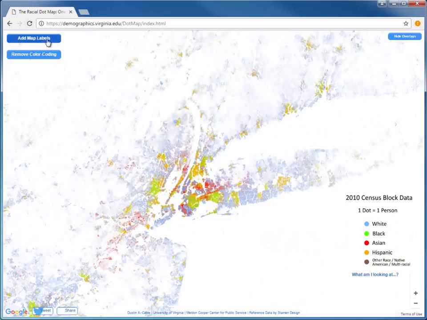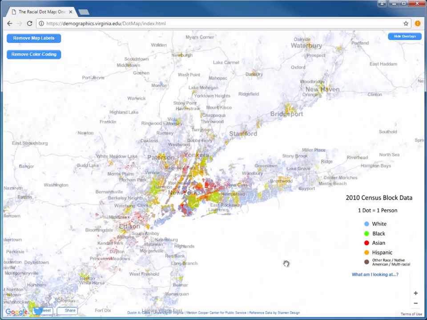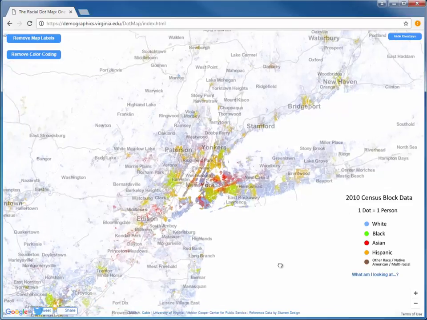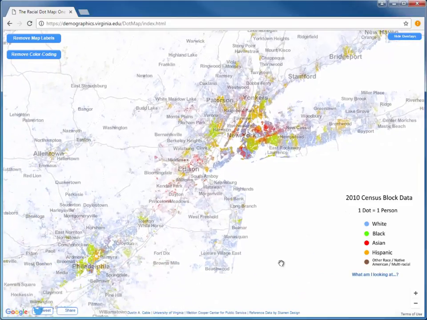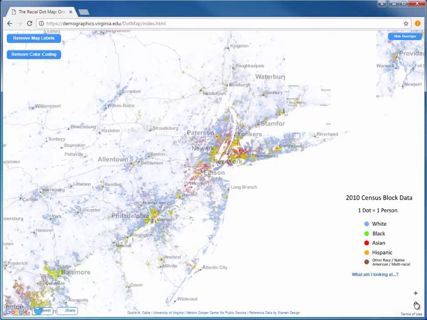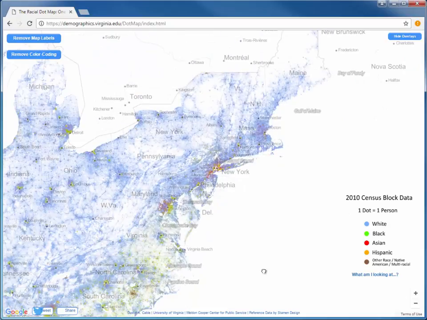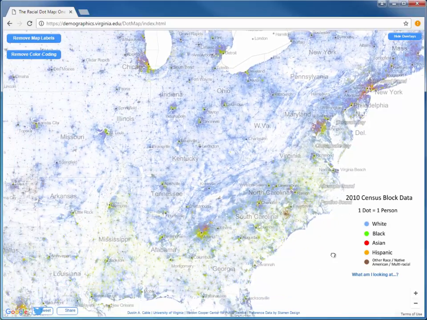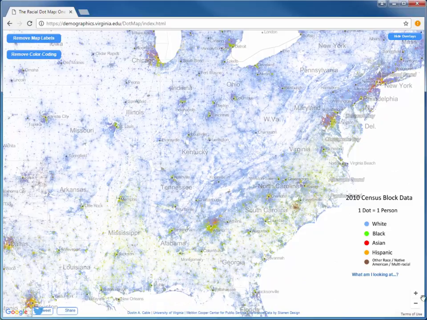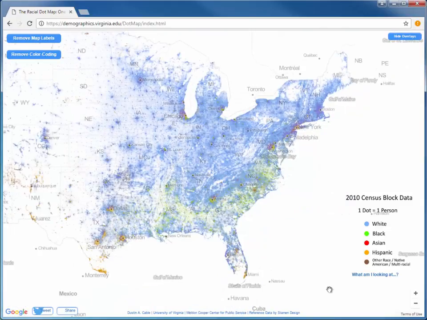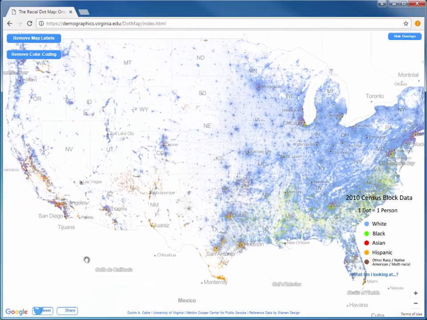And let's see if we add some map labels here. So we see New York there, Philadelphia. We zoom out and we see some of the immigration and migration patterns throughout the country.